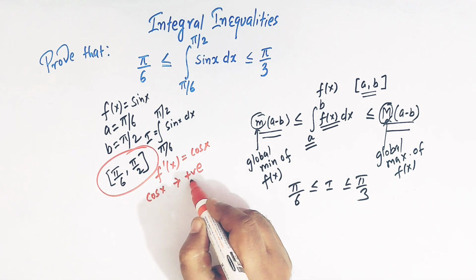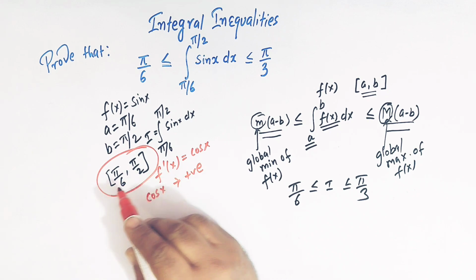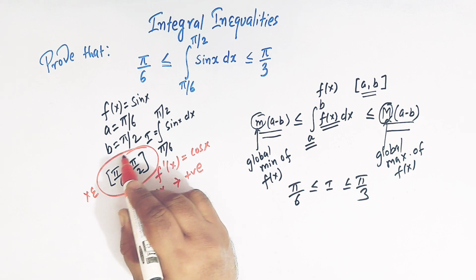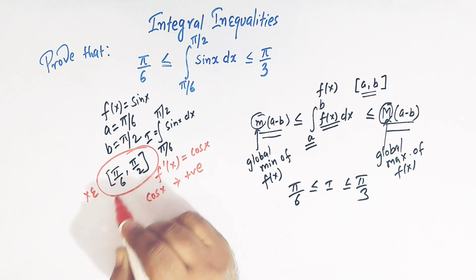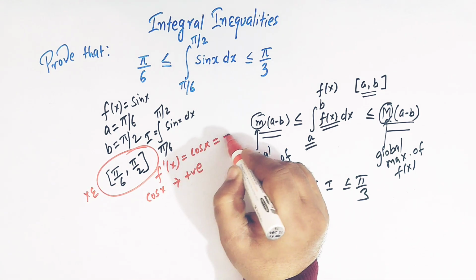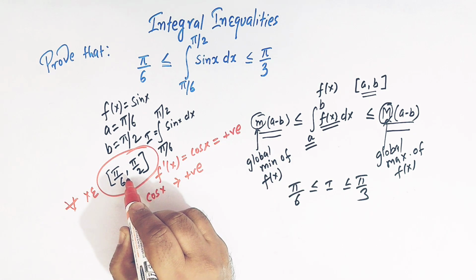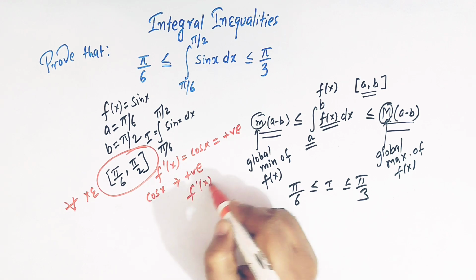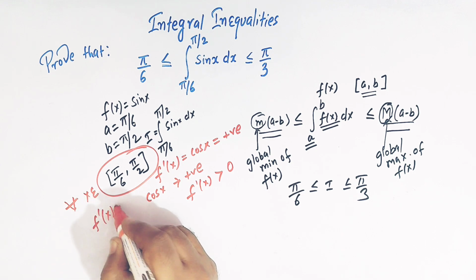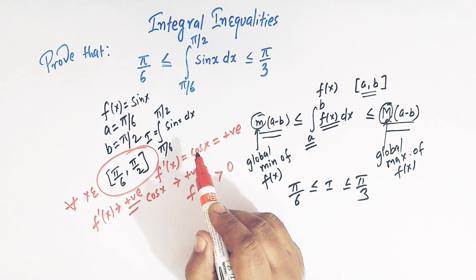Cosine x is positive in the first quadrant, and our x belongs to the interval pi by 6 to pi by 2, which lies in the first quadrant. So cos x is positive for all values of x in this interval, which means the derivative is always greater than 0.